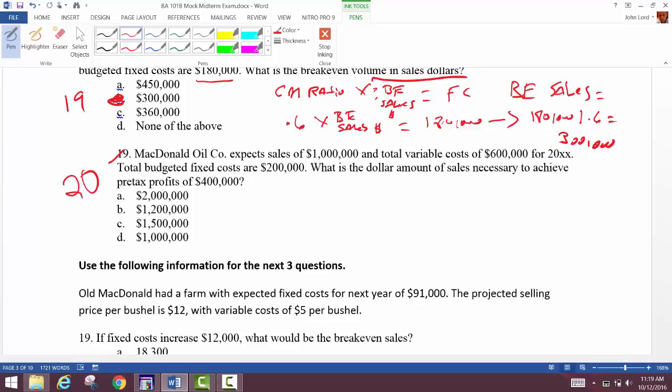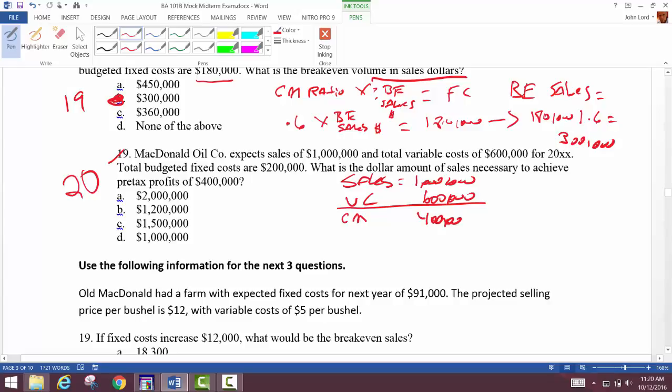So we have sales of $1 million, variable cost of what? 600,000. Okay, so that gives me contribution margin of 400,000.